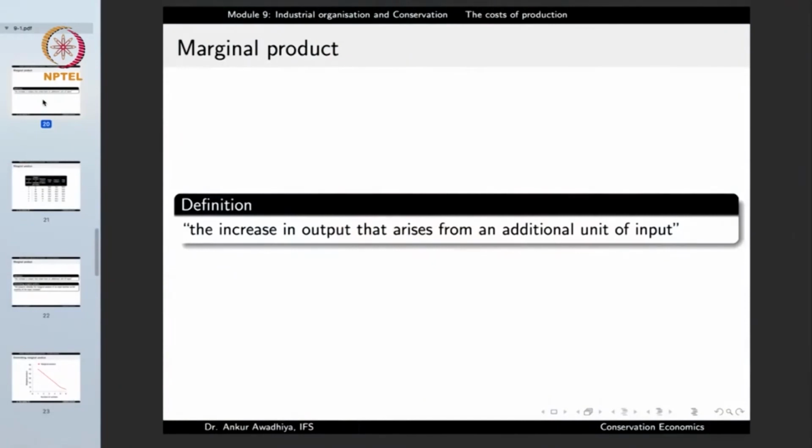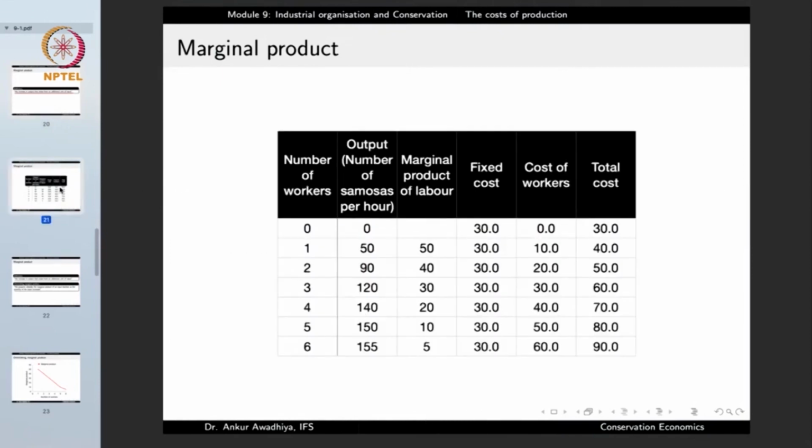So in this context, we can talk about a marginal product, which is the increase in output that arises from an additional unit of input. A good example is this firm that is making samosas. If the number of workers is zero, the total output is zero because nothing is being made.